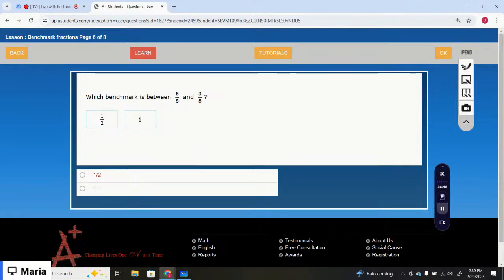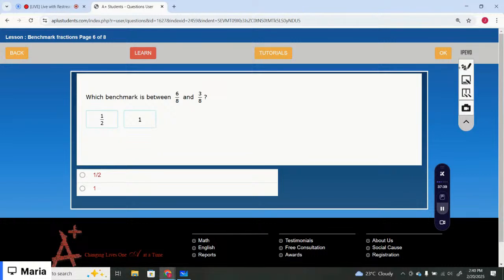Which benchmark is between 6 by 8 and 3 by 8?